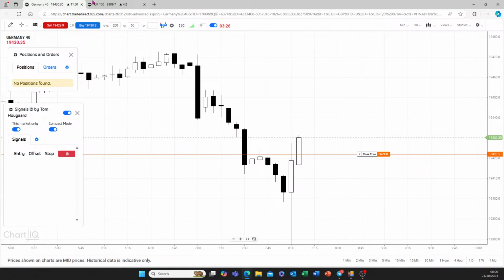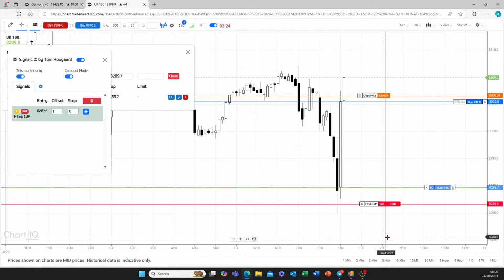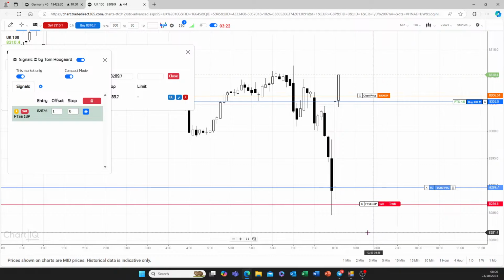So the first bar in the FTSE, please ignore that I already got a trade on. It's just an experimental setup.